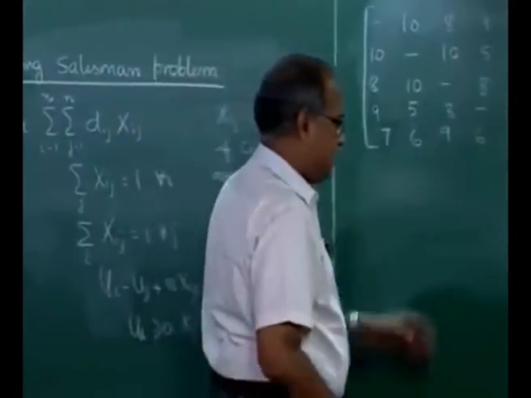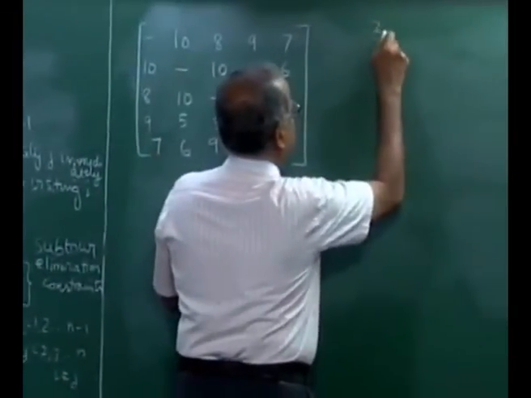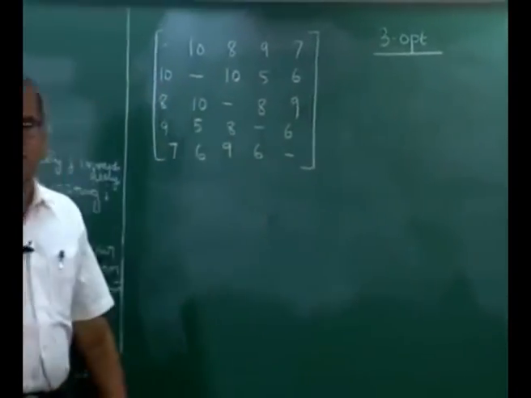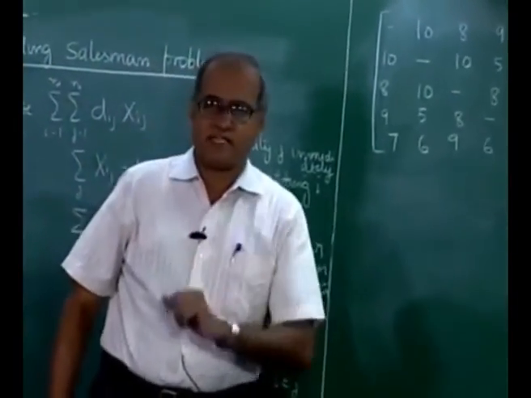Another very popular heuristic is called the 3-opt heuristic. The 3-opt heuristic essentially does a 3-way exchange.